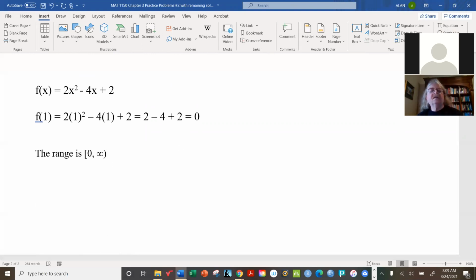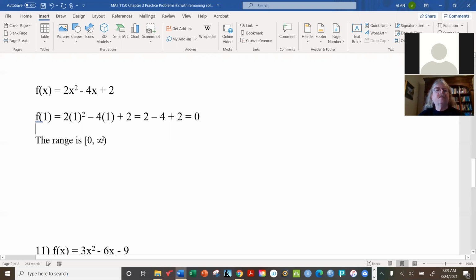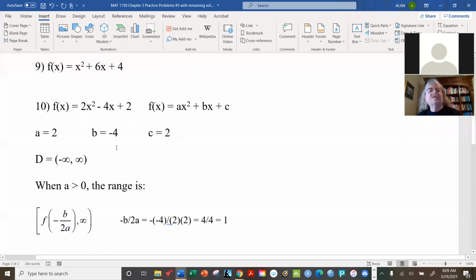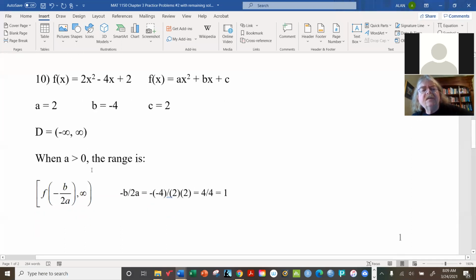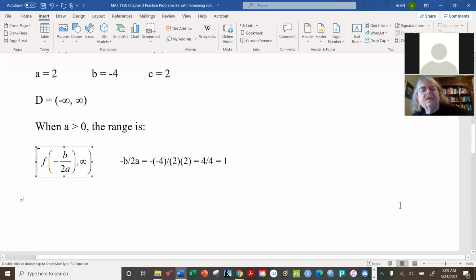All right, so we're finally done. Let's see what a nuisance that is compared to the domain. So once again, let's recap all of that. We identified A, B, and C. We know that the domain is everything from negative to positive infinity, and that's because there's no value of x that would cause this function to be either imaginary or undefined. Because A is positive, the range is this interval from f of negative b over 2a, including that value, and then on the right-hand side, we have infinity.